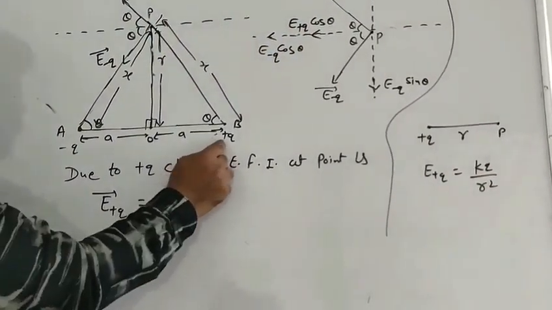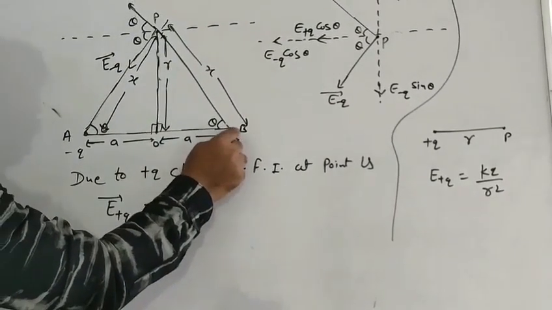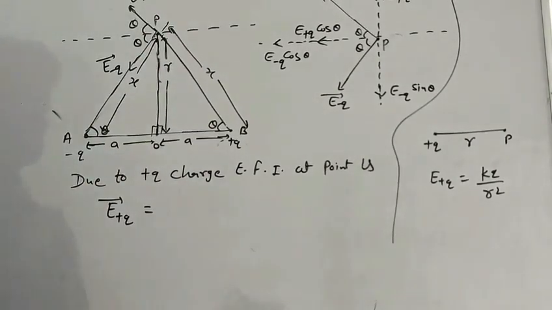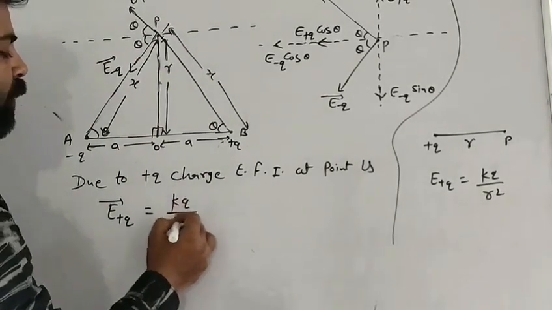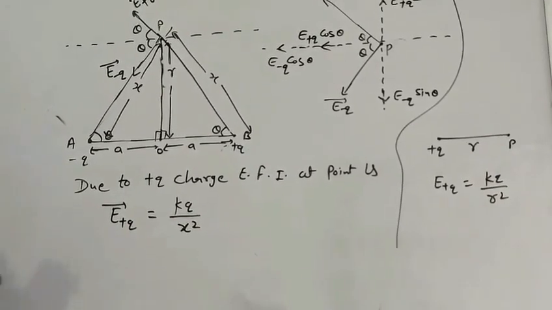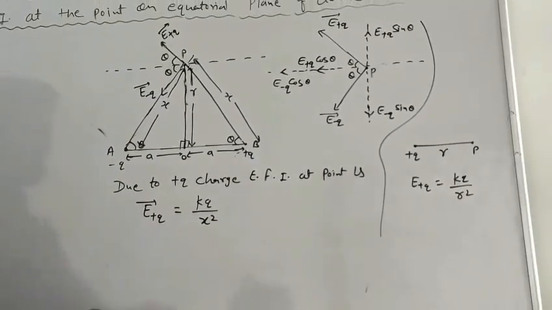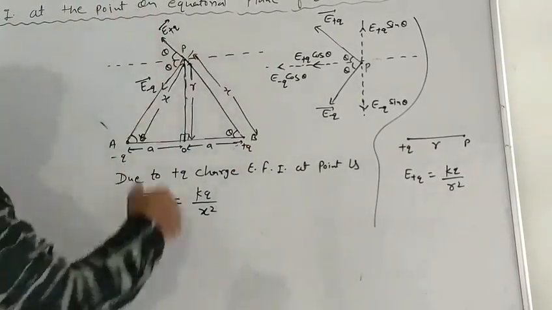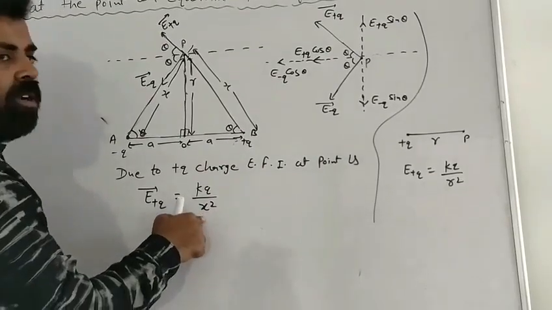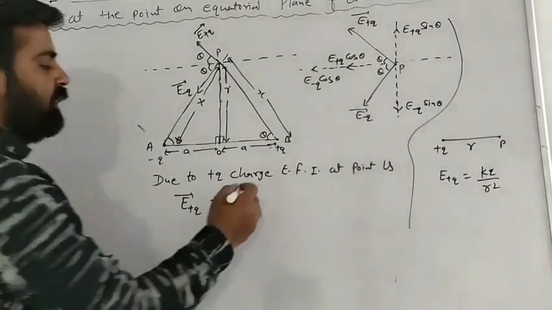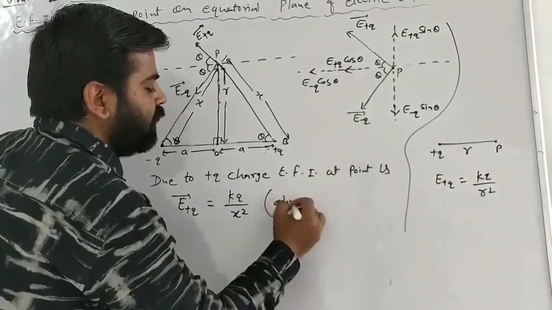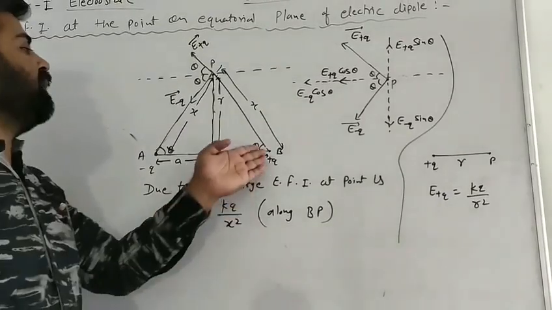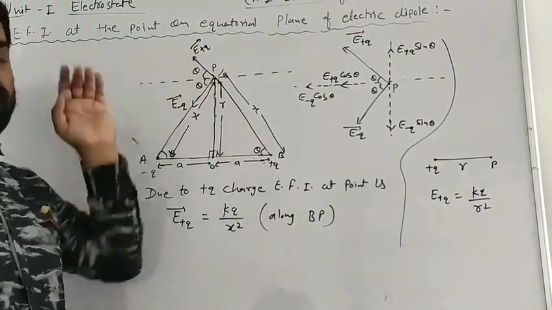This is our point charge plus q, and due to plus q charge at x distance at P point, the electric field intensity is given by kq upon x square, and its direction is along BP, or towards outside.